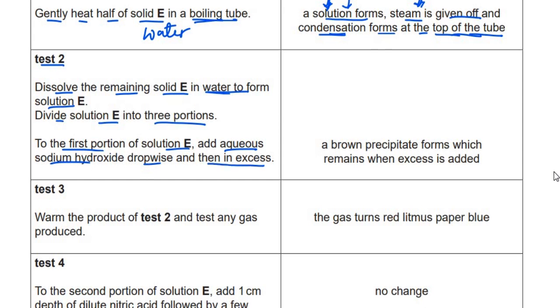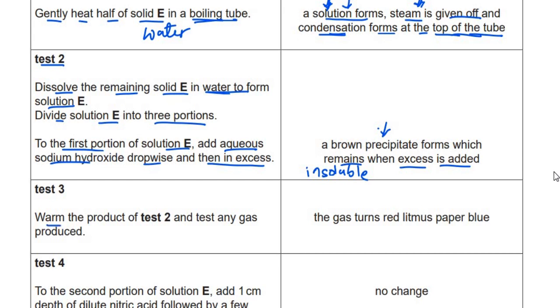On adding NaOH, that is sodium hydroxide, a brown precipitate forms, which remains when excess is added. Which remains means the brown precipitate is insoluble in excess sodium hydroxide. Now remember this test, we are going to compare these observations with the table which is given on the last page of this question paper. So our first observation with aqueous sodium hydroxide is a brown precipitate which remains insoluble.